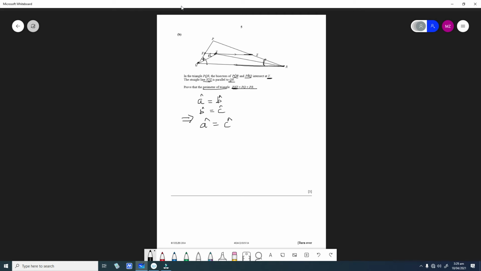And in an isosceles triangle, we know the two sides which are equal are opposite to the equal angles. Therefore, XQ must be equal to, now XQ is opposite to the angle C, and this must be equal to the side which is opposite to the angle A, and the side which is opposite to angle A is XY. So XQ is equal to XY.